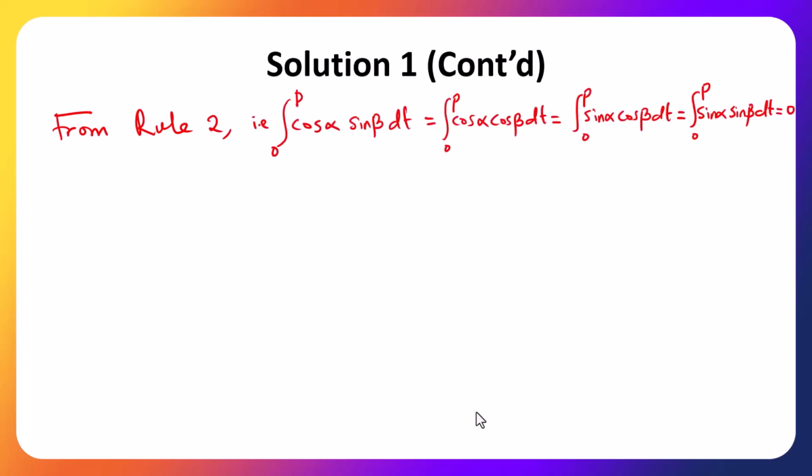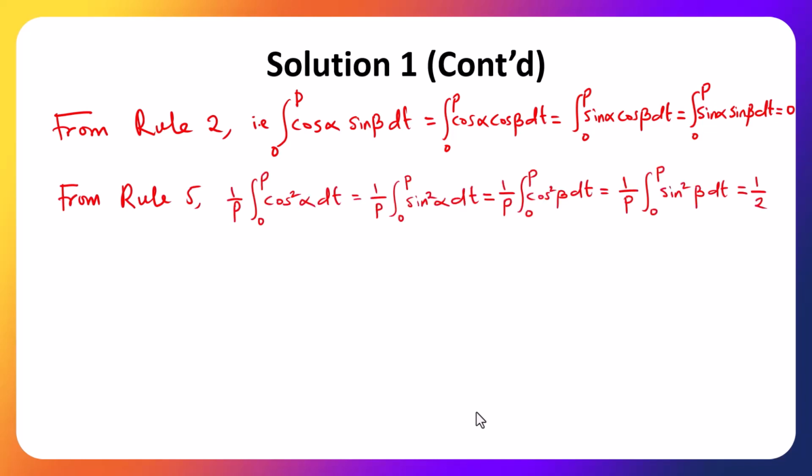So from rule 2, we know that the integral from 0 to P of cos alpha sine beta dt is equal to the integral from 0 to P of cos alpha cos beta dt, and this is also equal to the integral from 0 to P of sine alpha cos beta dt, and these expressions are all equal to 0.